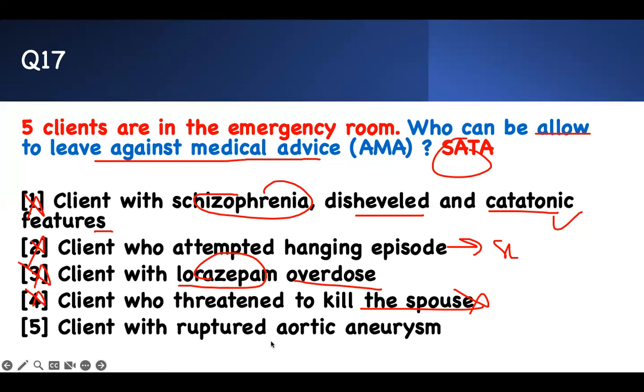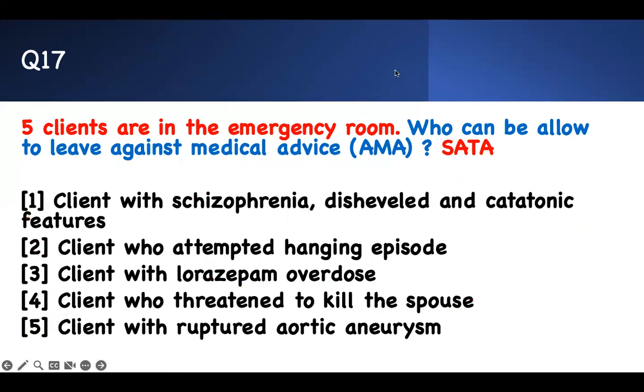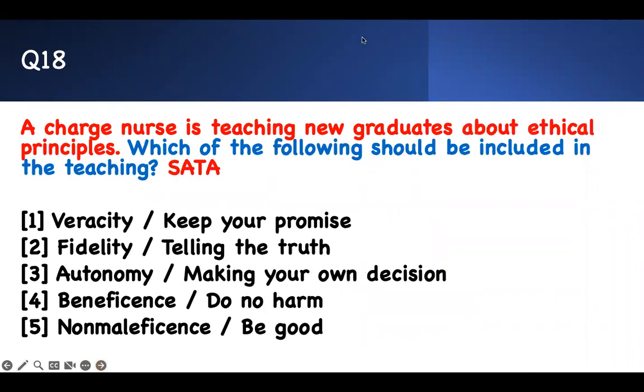Is there anything there that tells you he cannot take care of himself? Is he overdosed? Is he going to kill anybody or do anything? No, there's nothing there. This client can leave if he wants to leave. If he wants to stay, we'll take care of him. So that's not a problem at all. So only 1 will be allowed. Number 18.